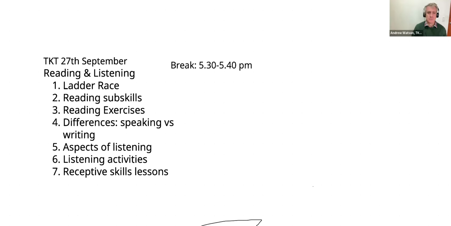Okay. Now, let me give you the instructions for this game we're going to play called the ladder race. Okay, so you're going to see two ladders, right? Escaleras on the board, represented by these sets of lines.